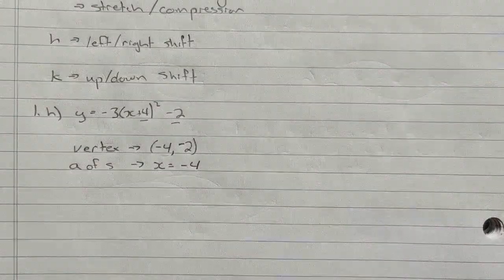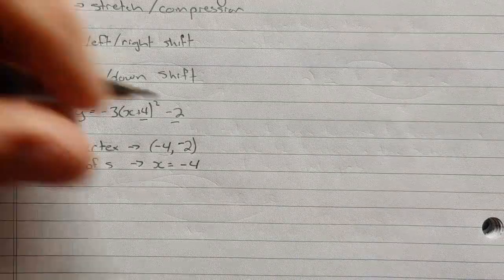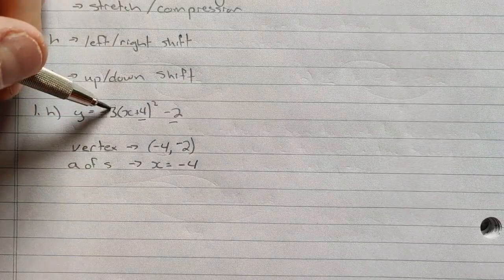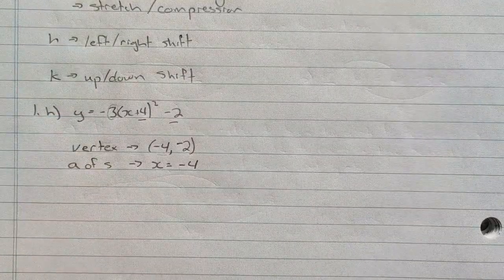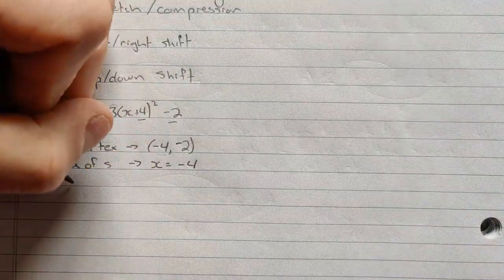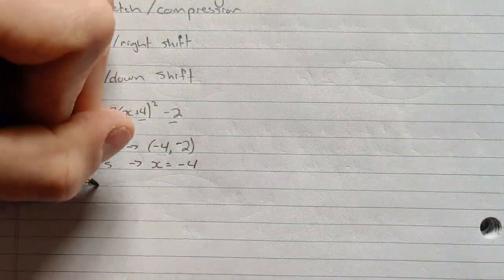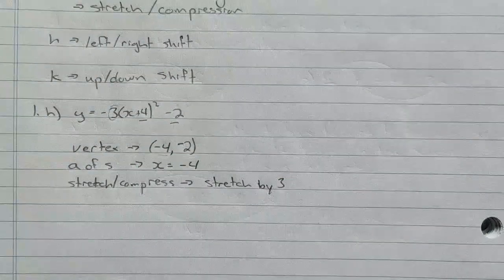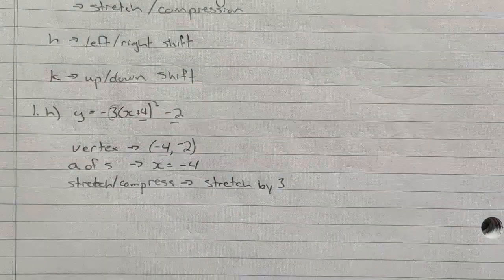The next portion is the stretch or compression. In this case, the graph is being stretched by a factor of 3, because that 3 is out front, and 3 is greater than 1.